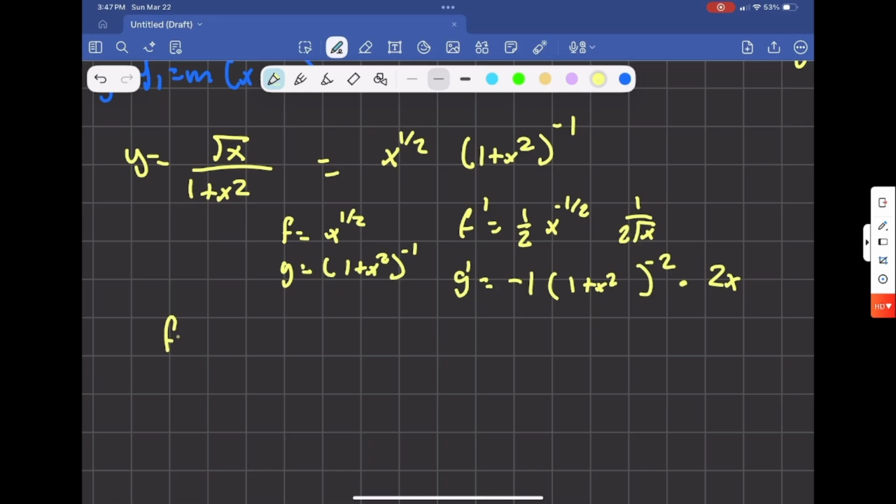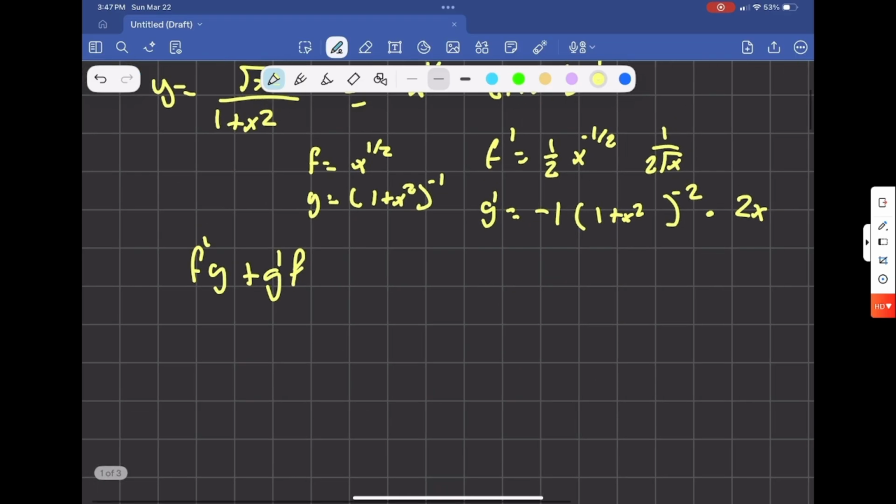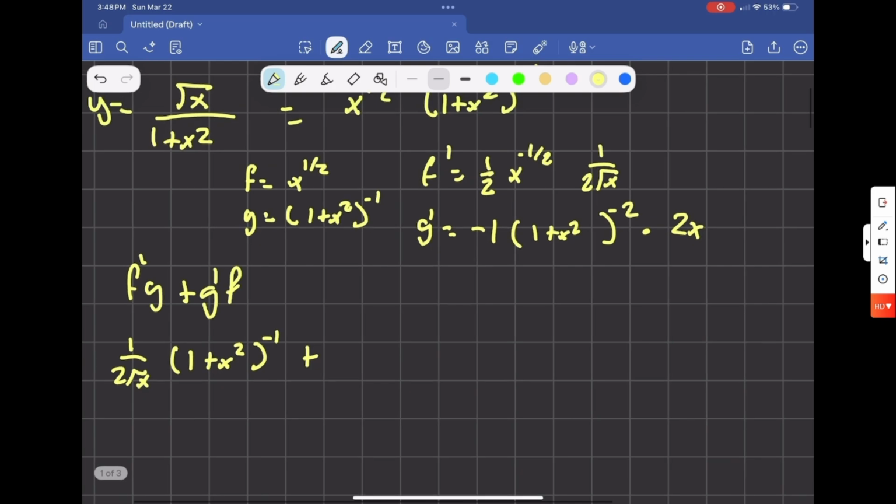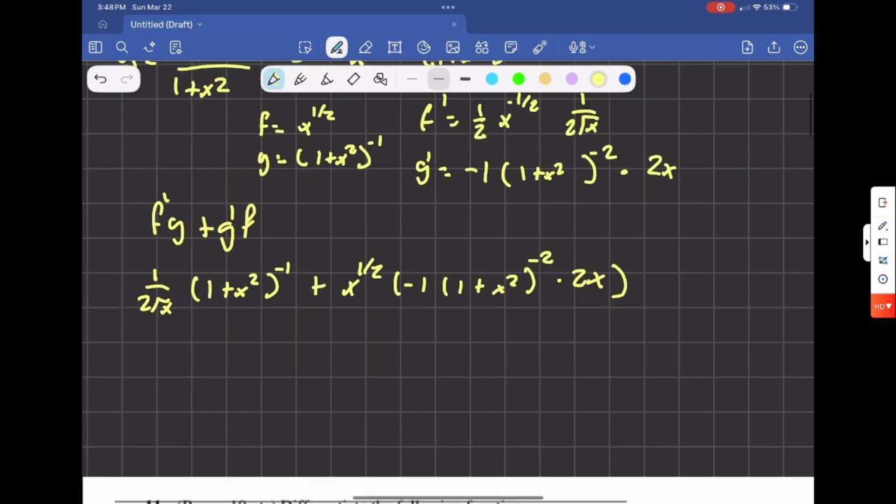So now plugging everything into f'g plus g'f, we're going to get 1 over 2 root x times 1 plus x squared to the -1 plus g' f. So I'm going to just go ahead and write f first: -1 times 1 plus x squared to the -2 times 2x. And then we'll go ahead and plug in our 1.